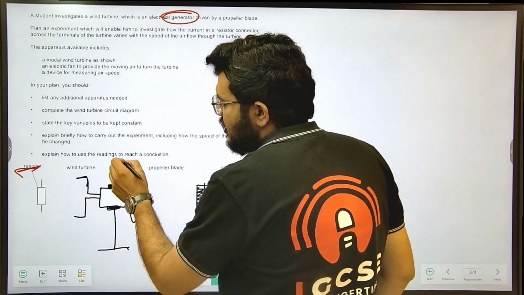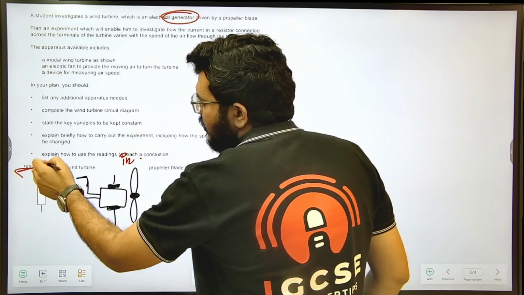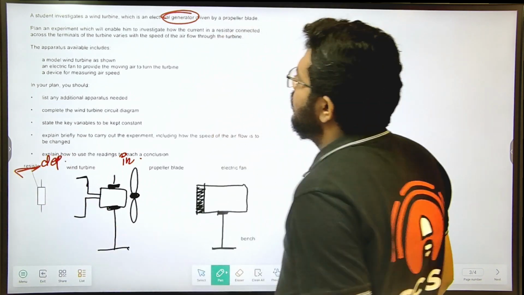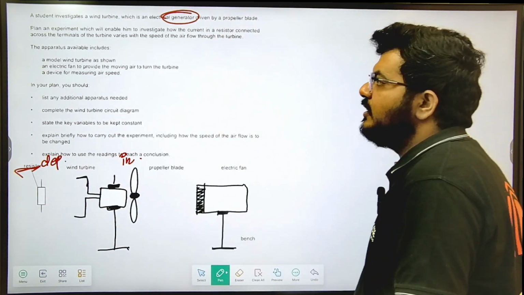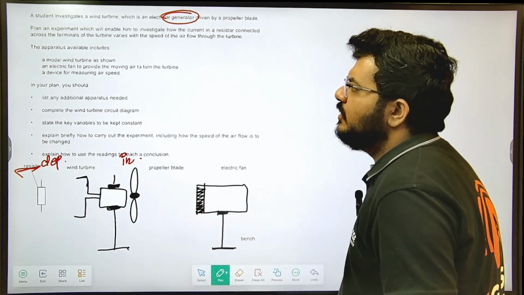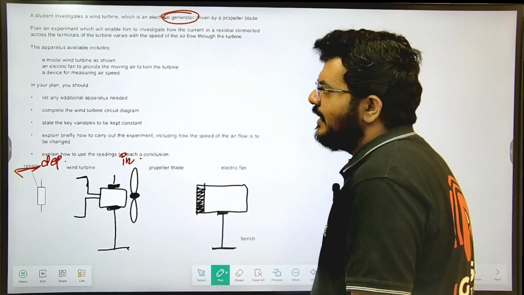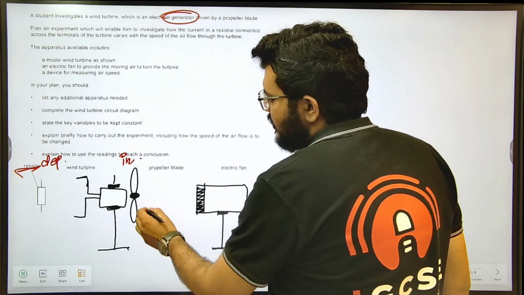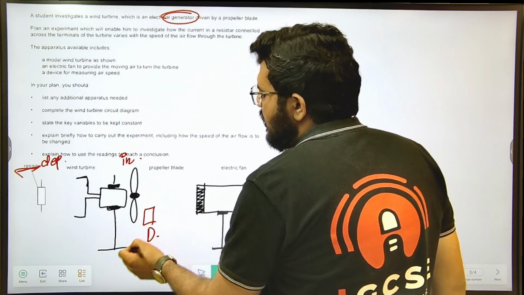So this is the independent variable and this becomes the dependent variable. The apparatus are a model wind turbine as shown, an electric fan to provide the moving air to turn the turbine, and a device for measuring speed. Let's say this is the device D.